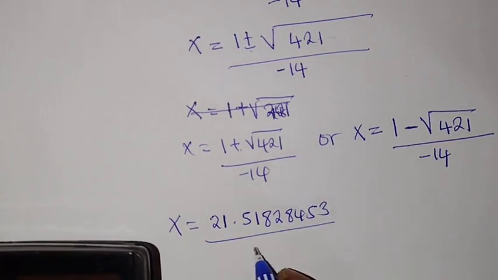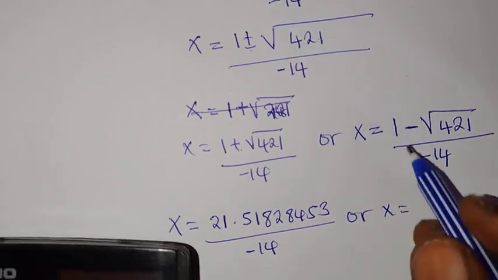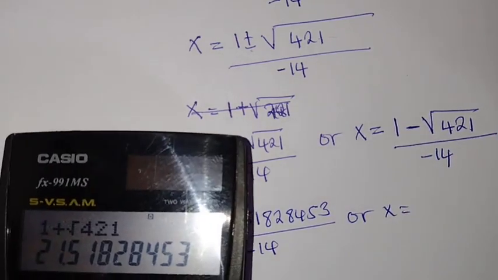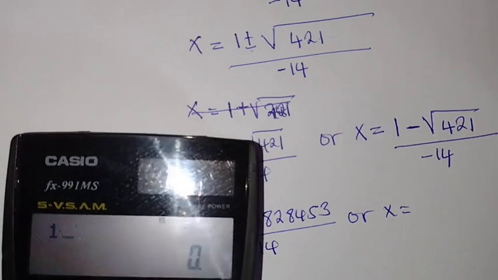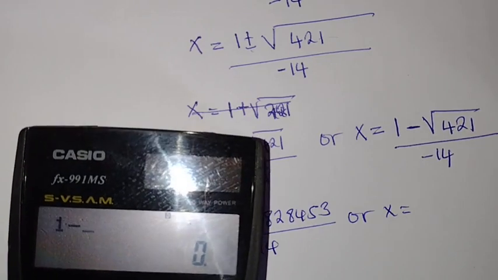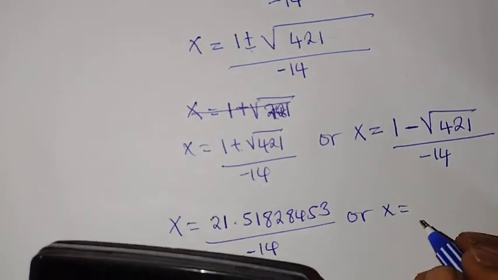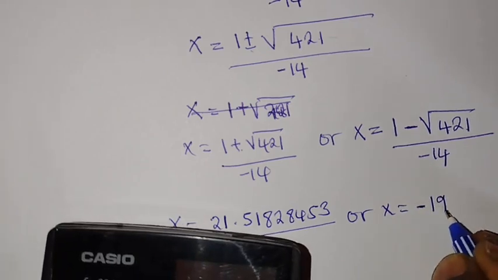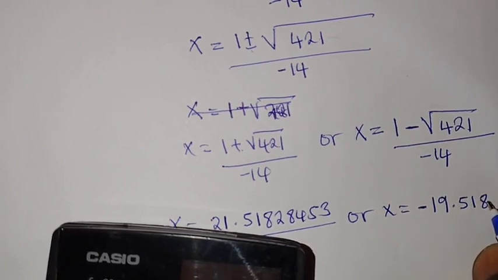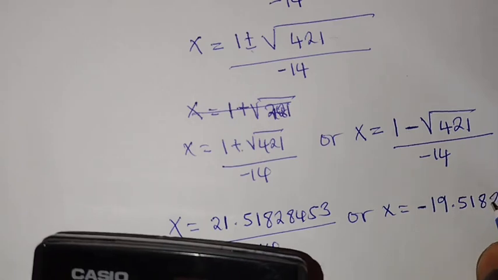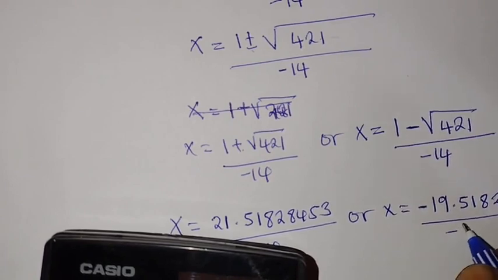Okay, this will give me 21.5182845 divided by negative 14, or x equal to, so 1 minus, so I'll do the same again. I'll just say 1 minus the square root of 421, and this will give me negative 19.51851828453 over negative 14.